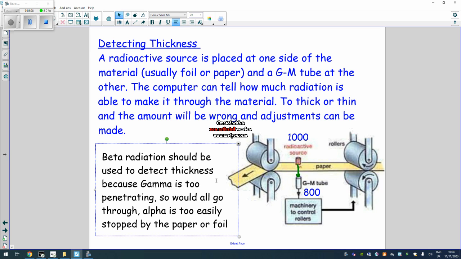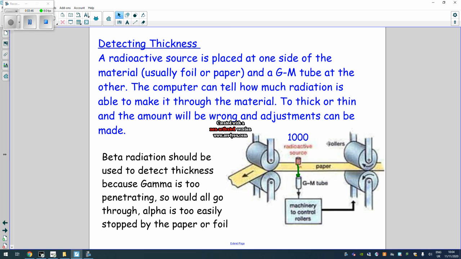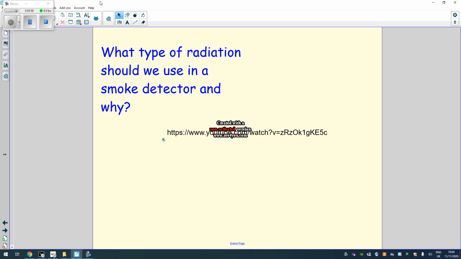It might be paper, it might be foil, it doesn't matter, because if it was aluminium foil, less of the beta would get through. Maybe 200 would get through. But the same process applies here. You'd get some through and some not, and you'd have the right amount. So to summarize again, detecting thickness, we use a radioactive source which shines through to the Geiger-Müller tube, and we detect it on the other side.